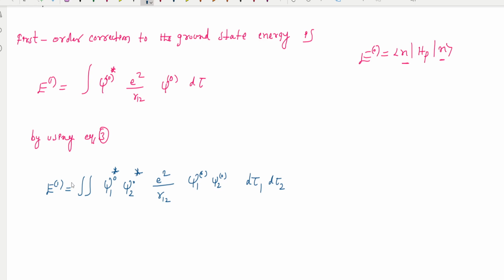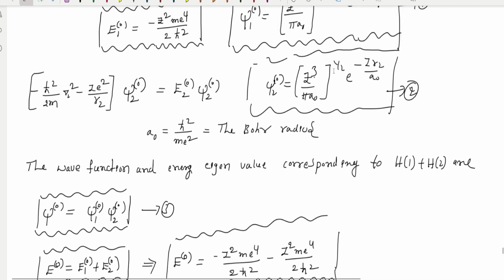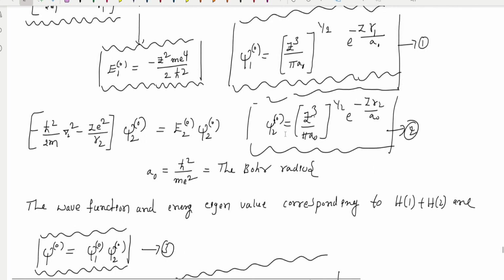Okay, now you can use equation number 1 and 2 for these two wave functions, psi 1 and psi 2.